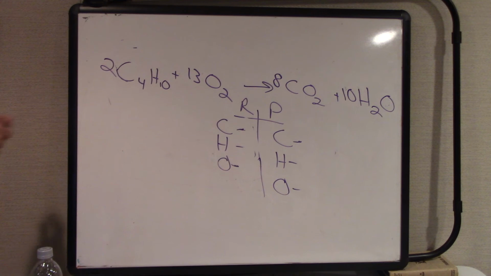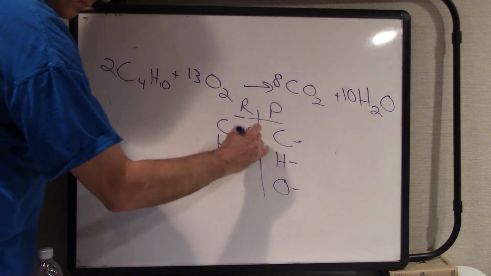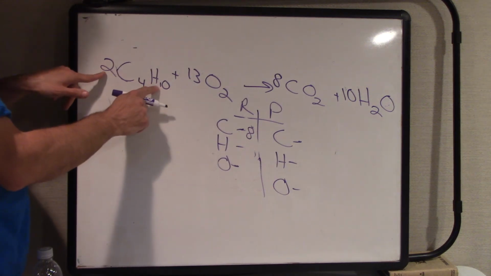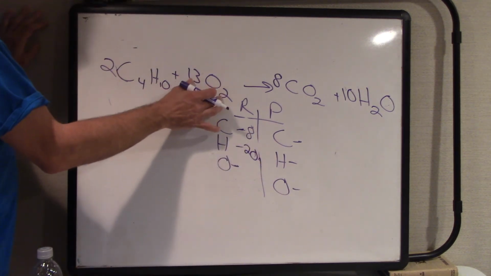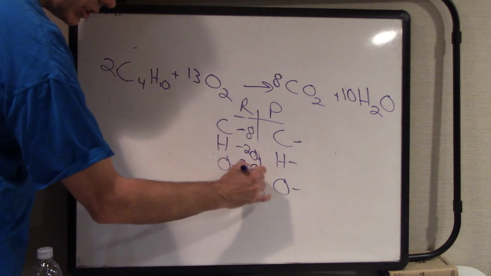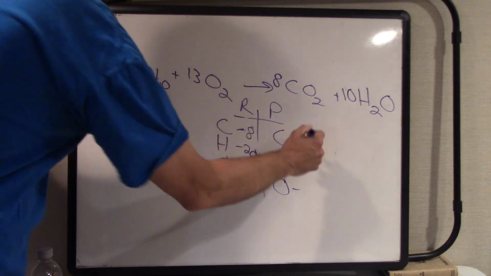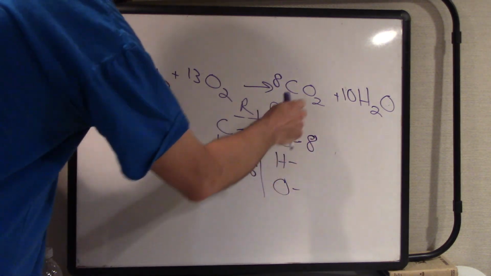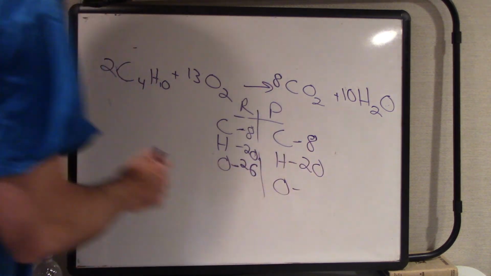So let's retotal everything. Carbons on the reactant side, 2 times 4 make 8. Hydrogen, 2 times 10 make 20. Oxygen, 13 times 2 make 26. On the product side, carbons, 8 times 1 make 8. Hydrogen, 10 times 2 make 20.